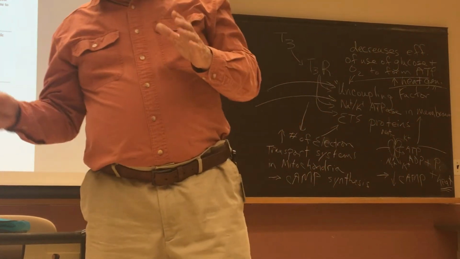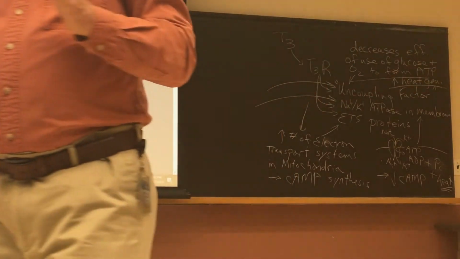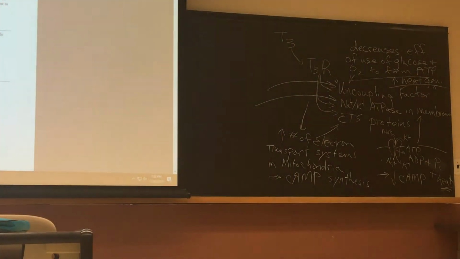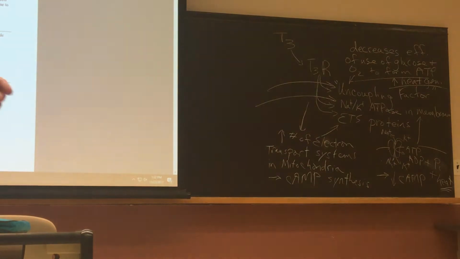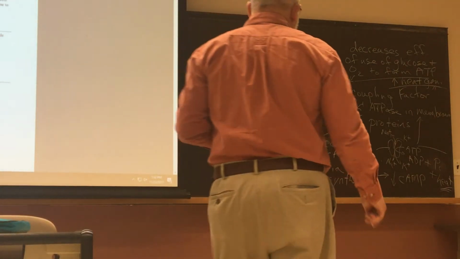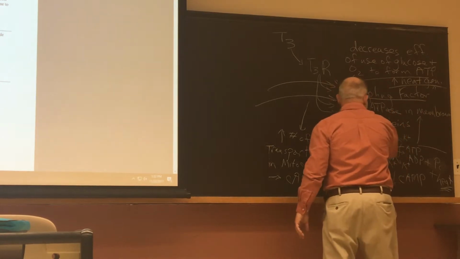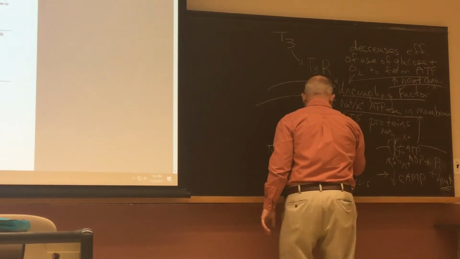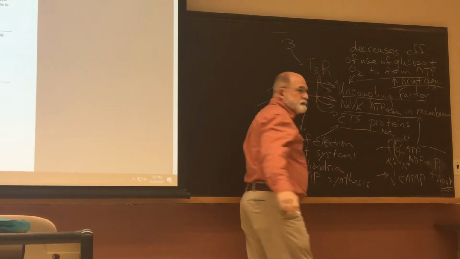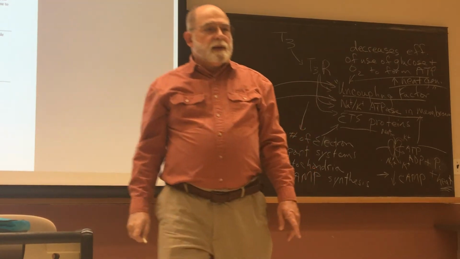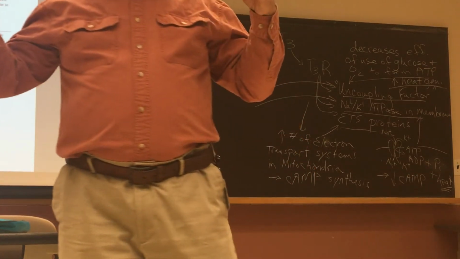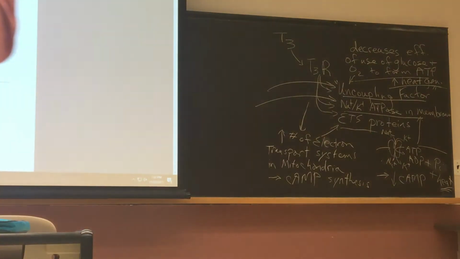Any animal living in prolonged cold situations will have a more active thyroid and be generating more of this stuff, more of this stuff, and more of this stuff, because they need to produce heat.